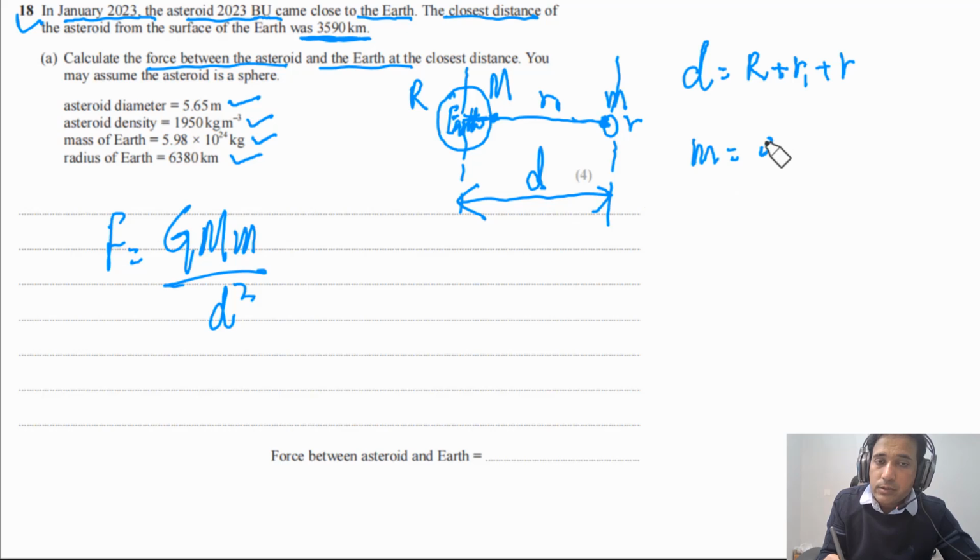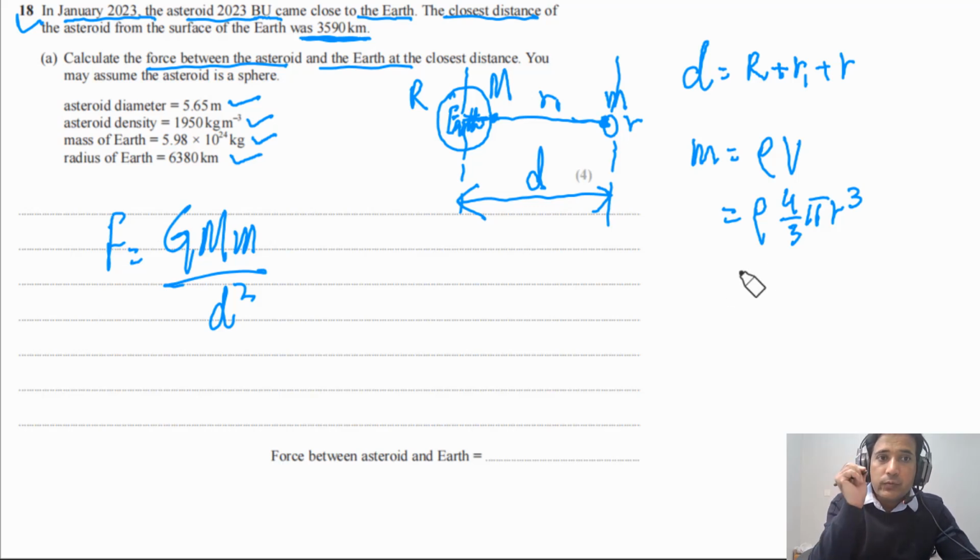This is a sphere, so mass has to be equal to density times volume. The volume we can simply find as it is a sphere, 4/3 pi r cubed. Now if we plug in values, we can find the mass of the asteroid, and then we can plug in values here and find the answer.